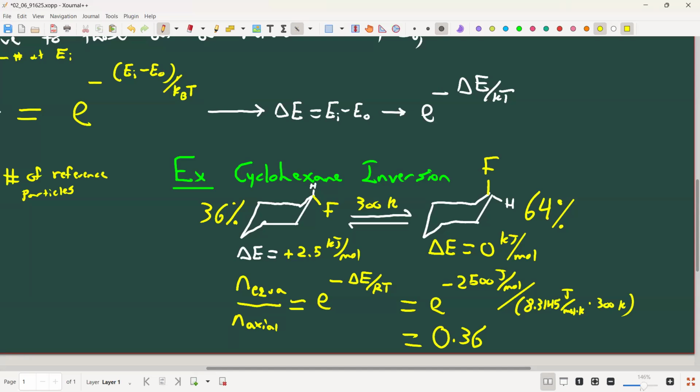So this is getting bigger. You're taking e to the minus big number. That means the result is getting smaller and smaller. So as temperature goes down, the amount of axial you have increases. And as the temperature increases, you get more equatorial.